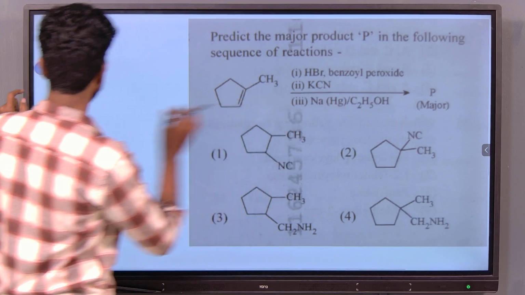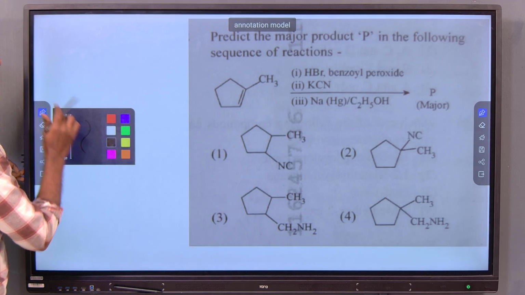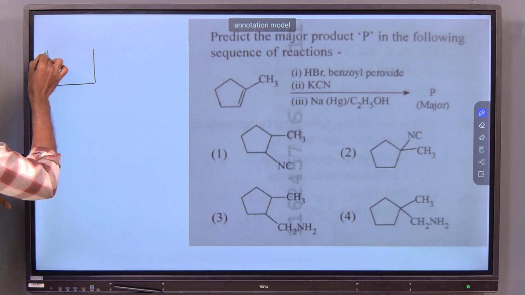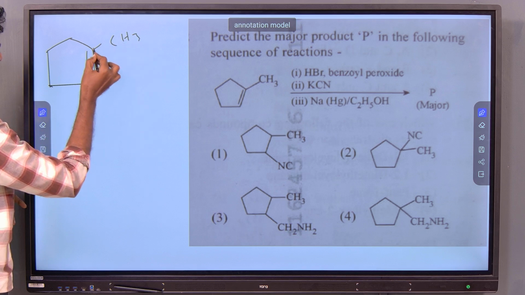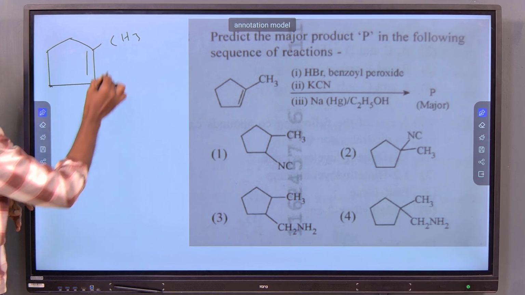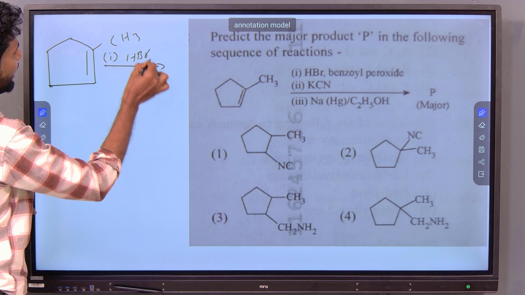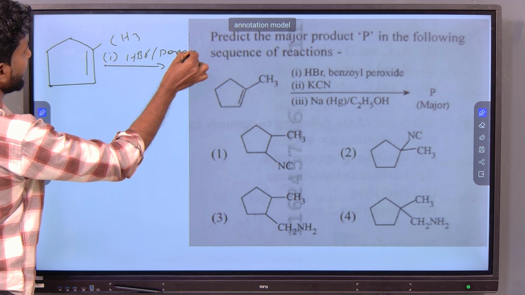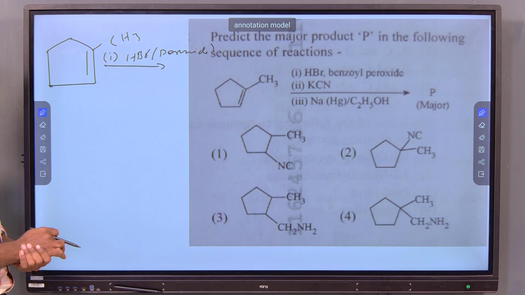I will draw the structure here. Double bond, CH3. See these two carbons, when we add HBr and benzoyl peroxide in the first step, we have to follow anti-Markovnikov addition.